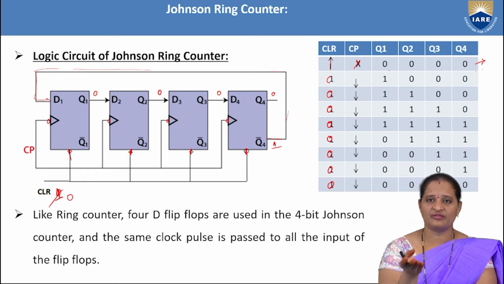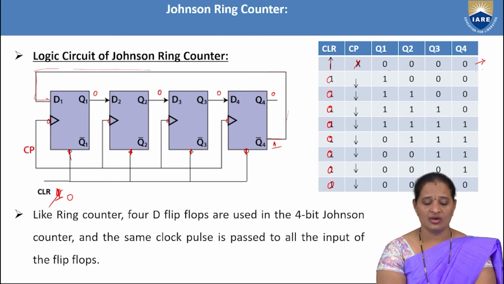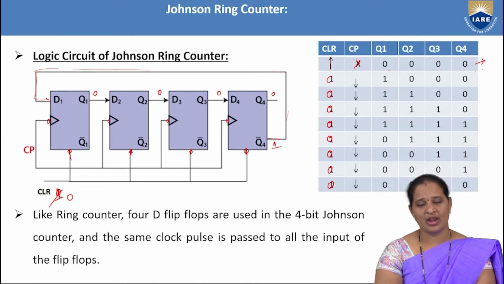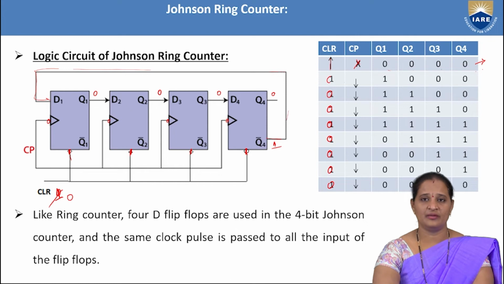Only with respect to the feedback provided, the state of the counter will be changing here. Whereas in the ring counter, the first flip-flop was preset before the clock pulses were applied, here there is no preset input. We are commonly applying the clear input to all the flip-flops, so initially the output was 0, 0, 0, 0.